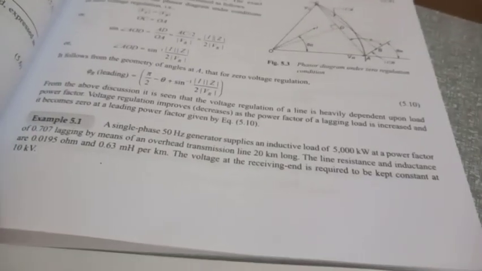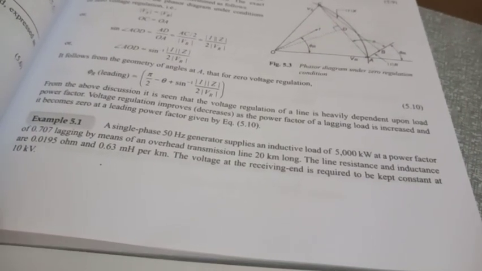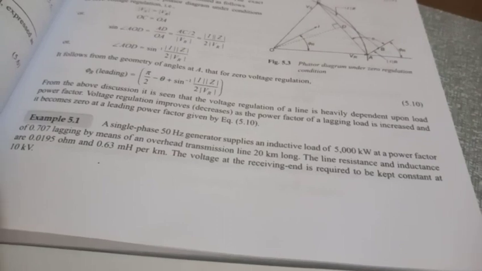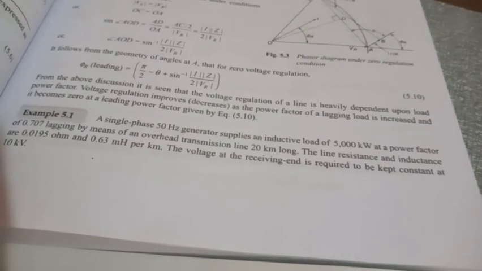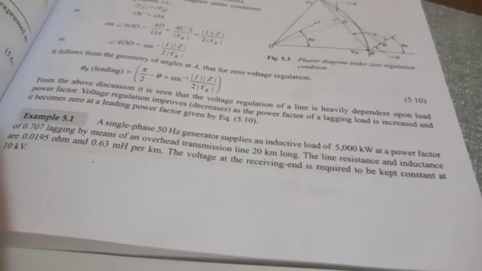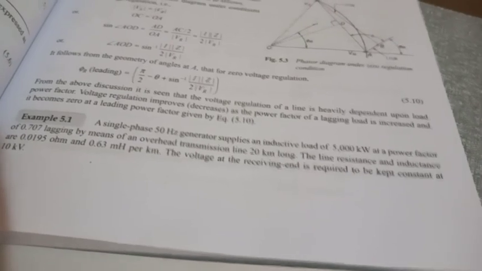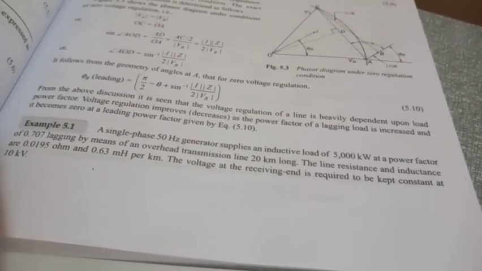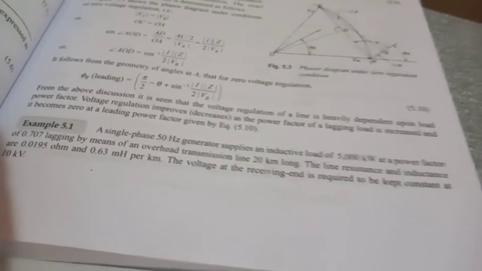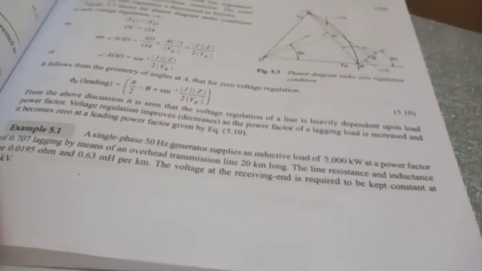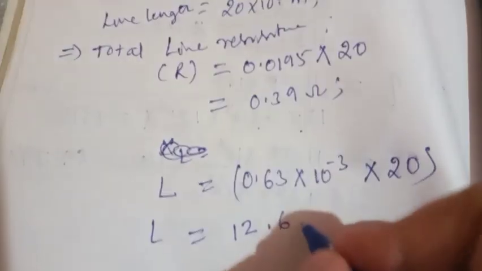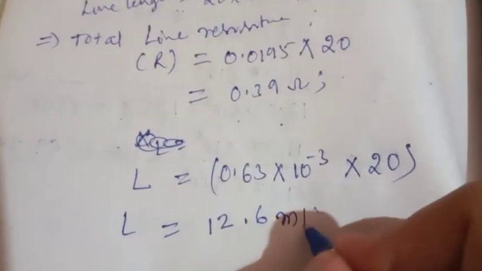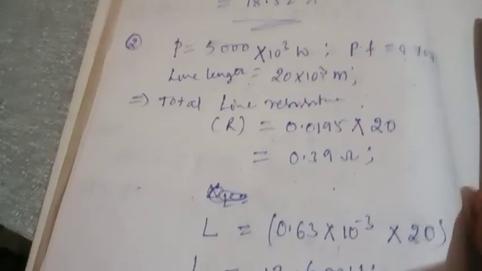L is equal to 0.63 into 10 to the power of minus 3 Henry per kilometer. How many kilometers are there? 20 kilometers. So into 20, it comes around L is equal to 12.6 millihenry.